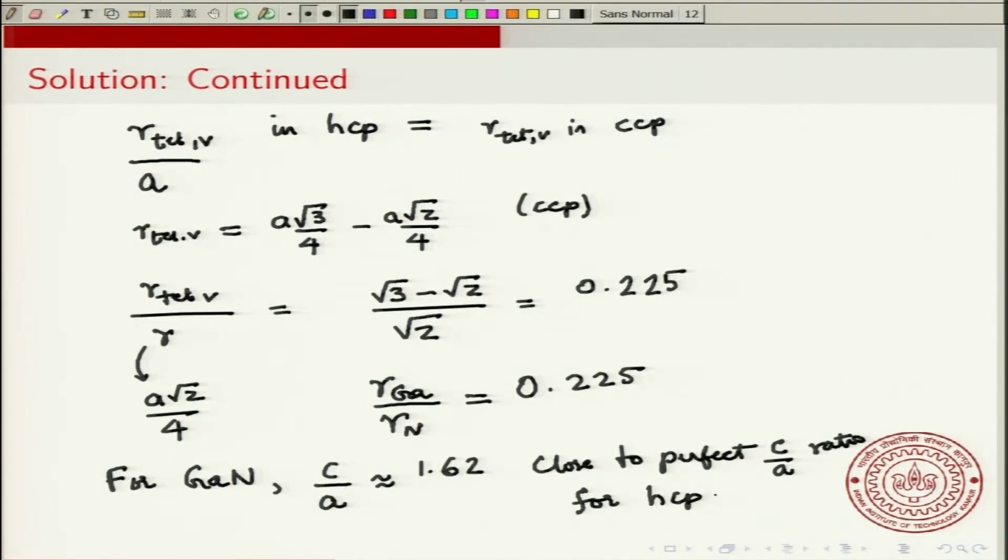So, for an ideal HCP, the c by a ratio is about 1.63 and this is about 1.62, which is very close to that.